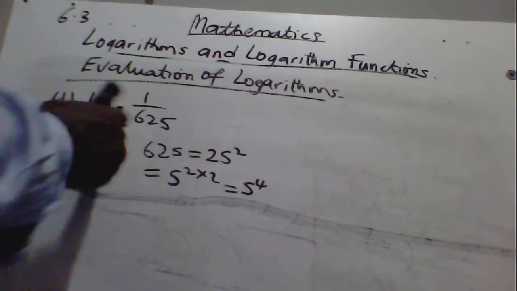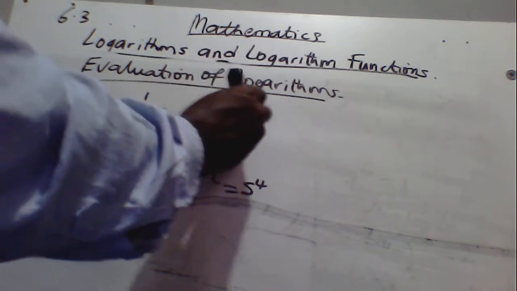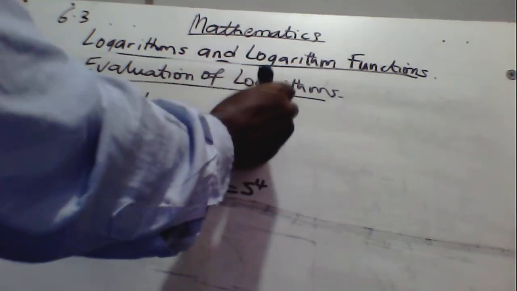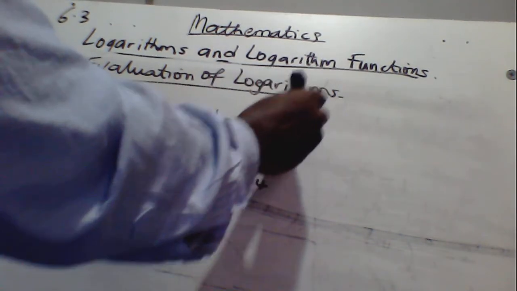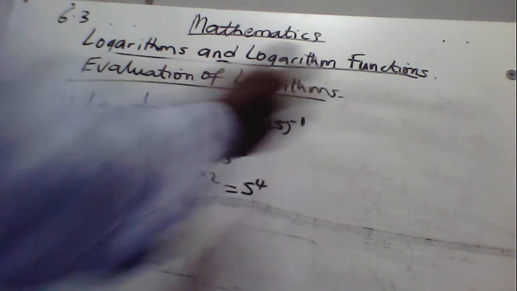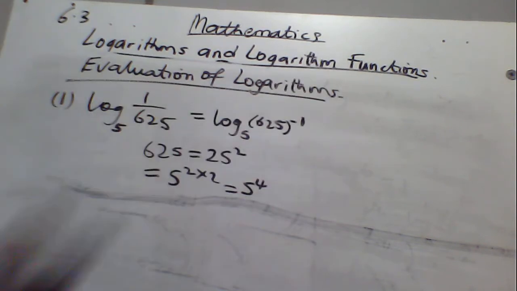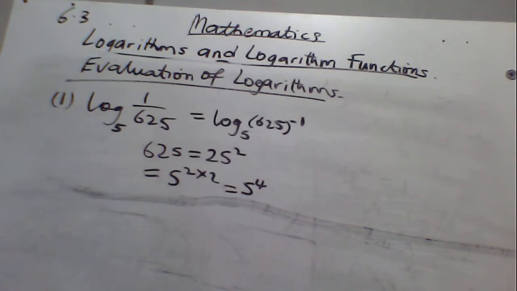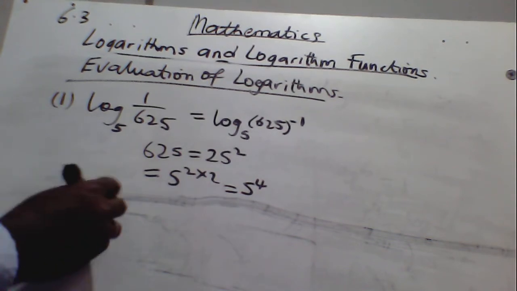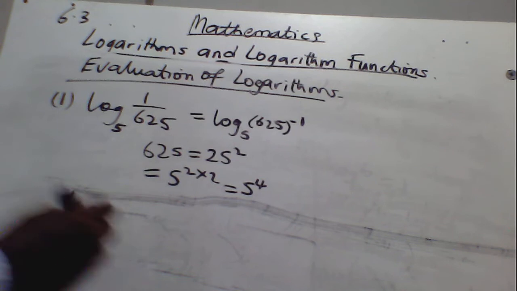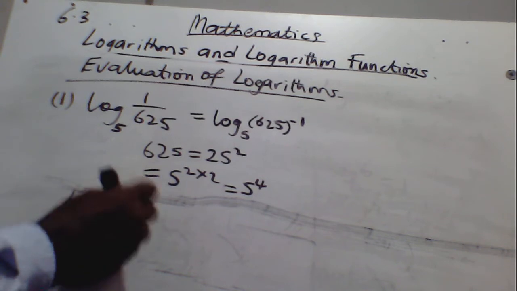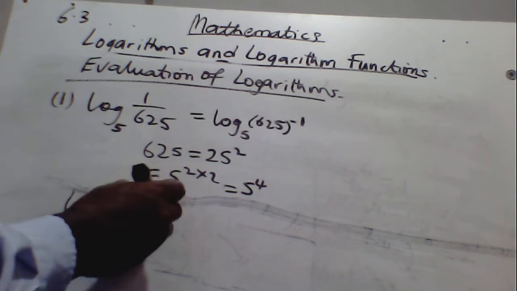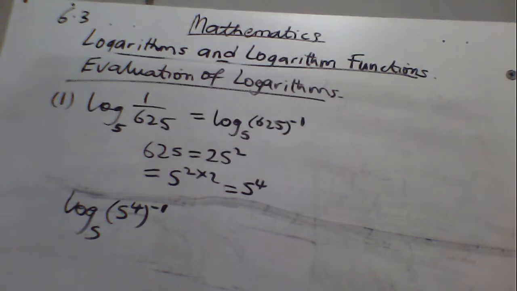So this is the same thing as log 625 to the power minus 1 to base 5. We can replace 625 by 5 raised to the power 4. We now have log to base 5 of 5 raised to the power 4, raised to the power minus 1.